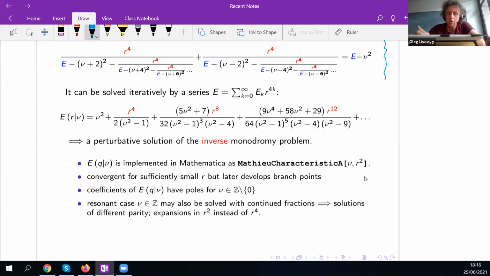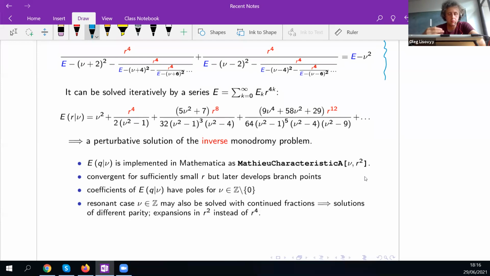Now, this accessory parameter function, we have two ways to compute it. One is based on the Hill determinant. Another one is based on these continued fractions. From continued fractions, we get a convergent series, but the radius of convergence of the series is actually finite.